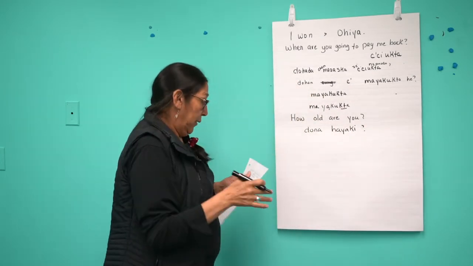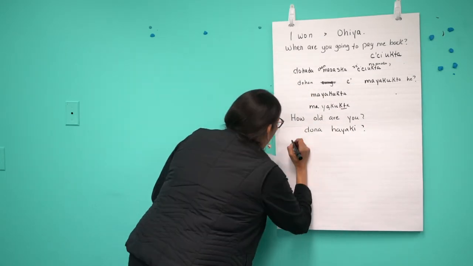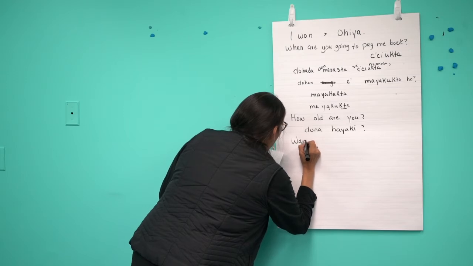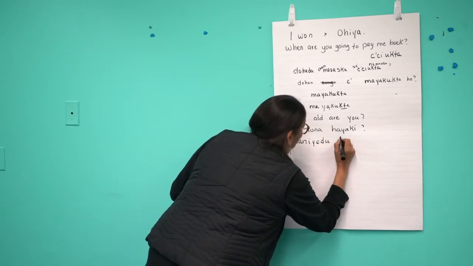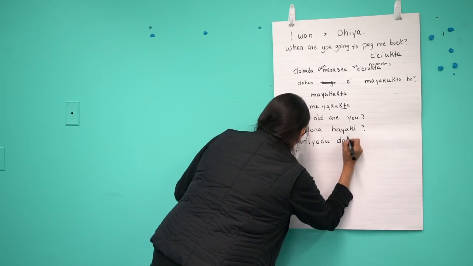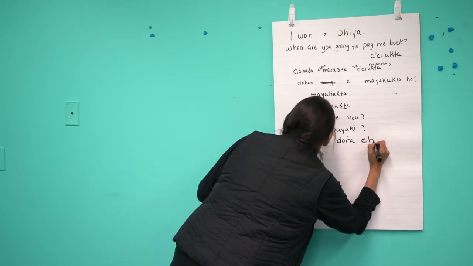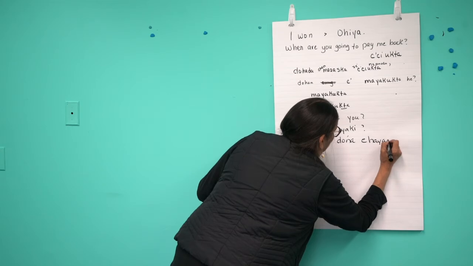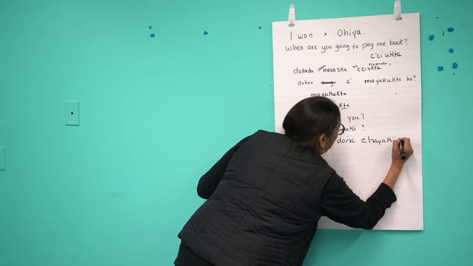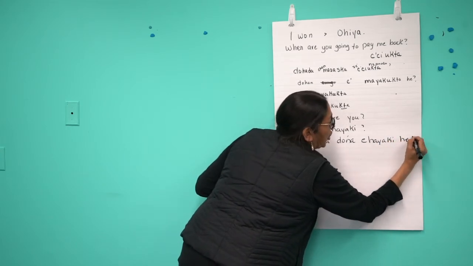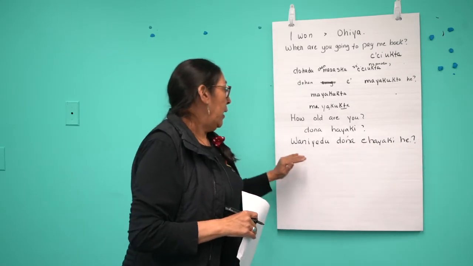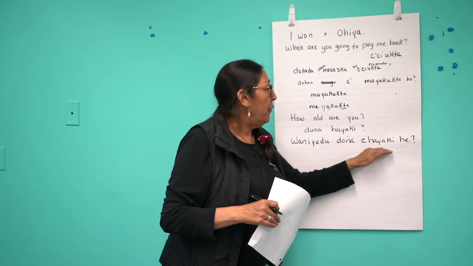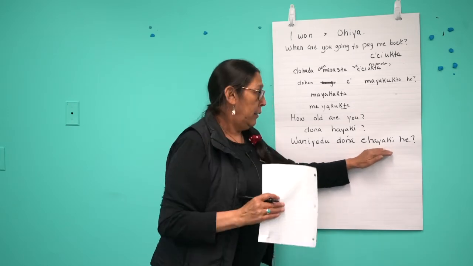But I'm going to go further and ask you, and my question marker, he. Waniedo dona ihaki he. Winters, how many have you met?